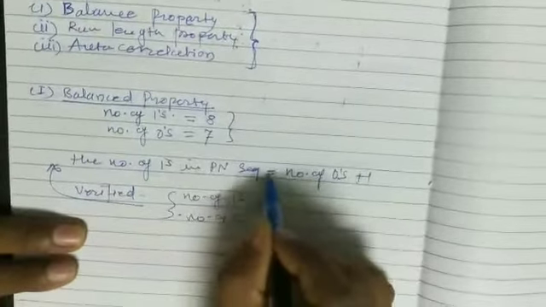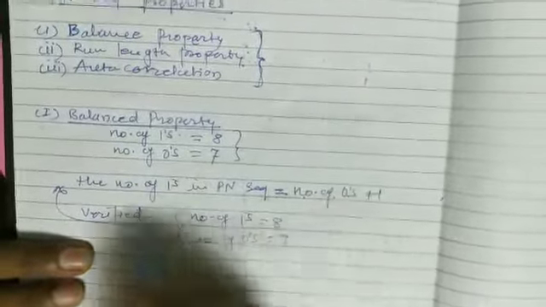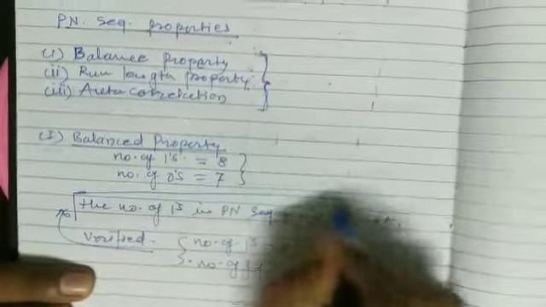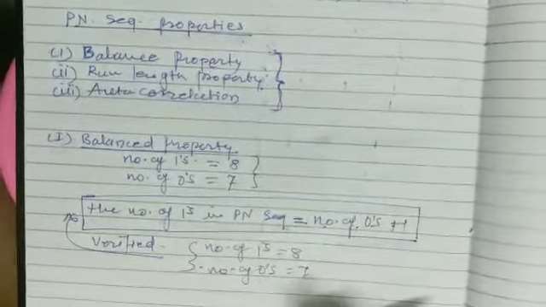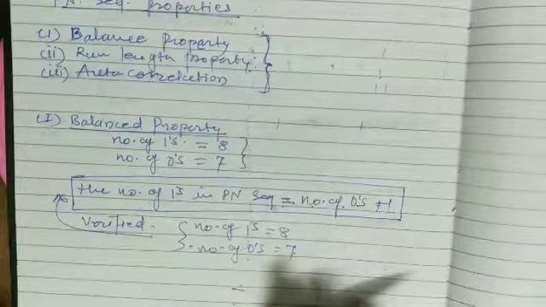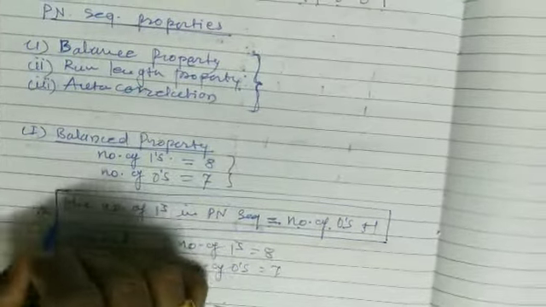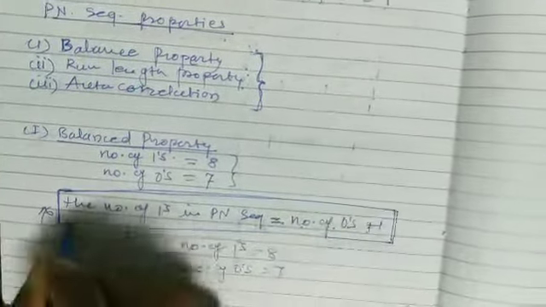So the first property, the balance property, is that the number of ones in a PN sequence is equal to the number of zeros plus 1. It means that always in a PN sequence, the number of ones will be 1 more than the number of zeros, and that's why it is called the balance property.